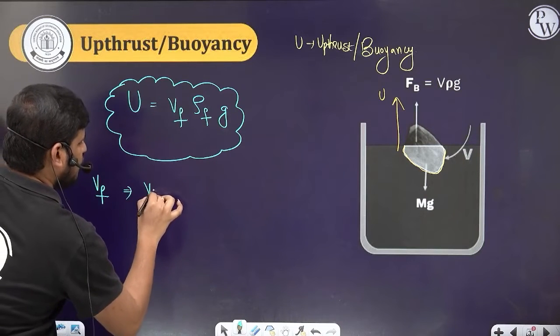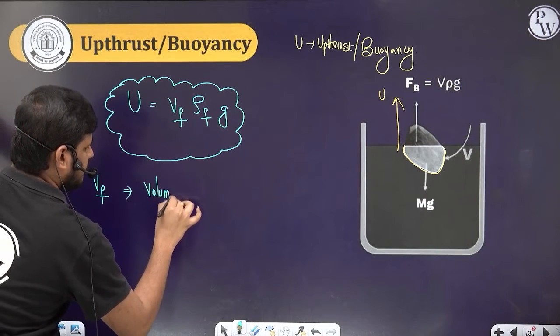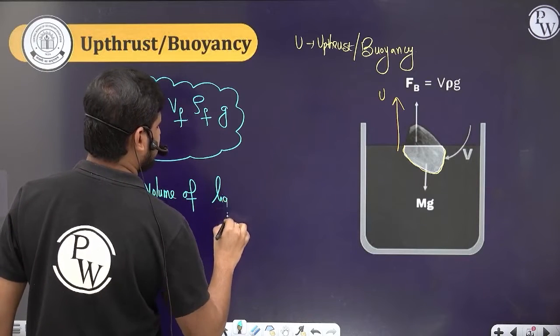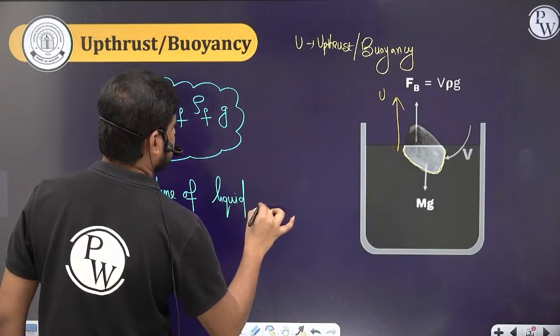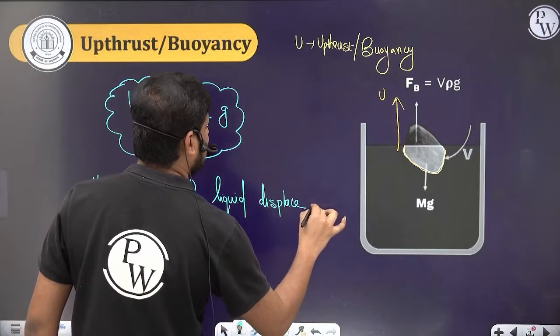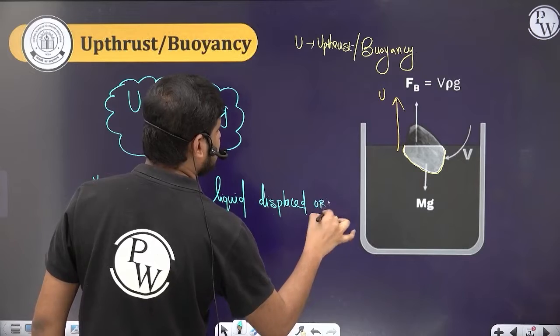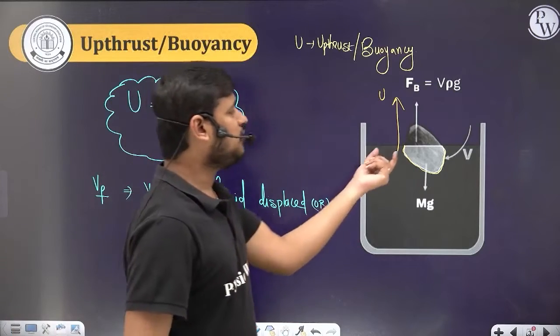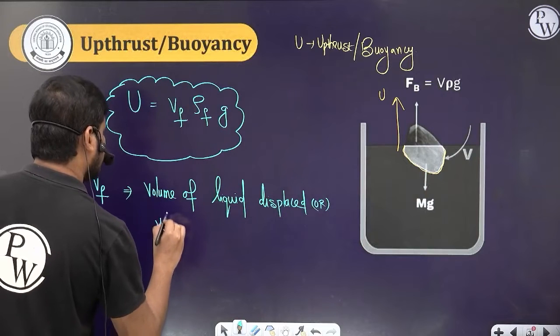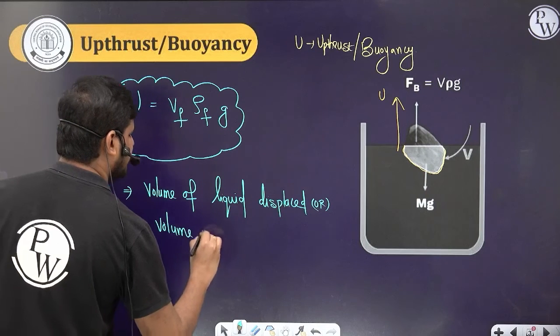Vf is the volume of liquid or fluid displaced, or we can also write it as the volume of the immersed solid.